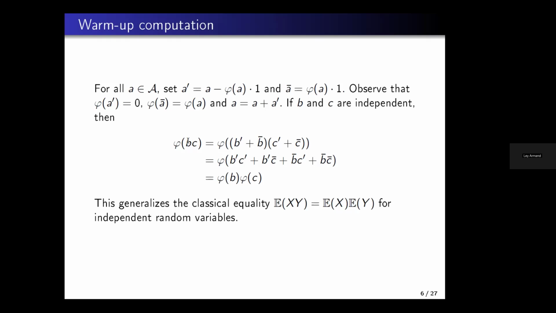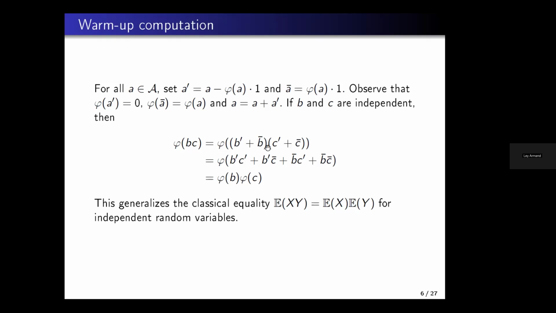So if you take two elements b and c in your probability space, phi of the product of b and c can be written, this is the first equality, as phi of (b prime plus b bar) times (c prime plus c bar).